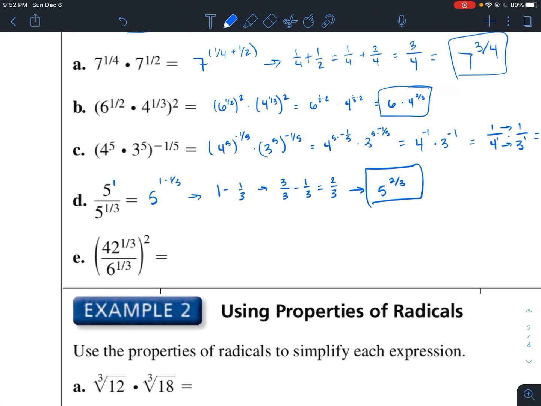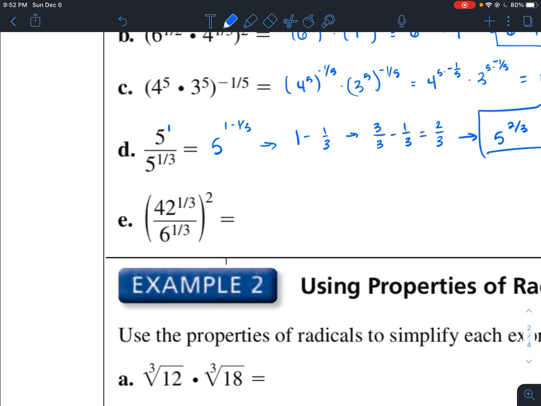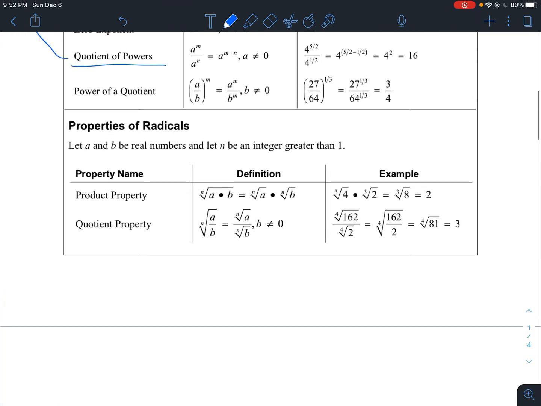Alright, now for E, this one looks pretty complicated. The good thing about properties of exponents is that you can go about it in multiple ways. So one thing I could do is distribute that 2 to both of them. But there's also another thing I can do.